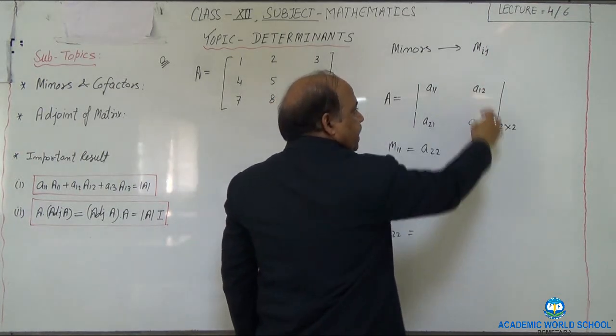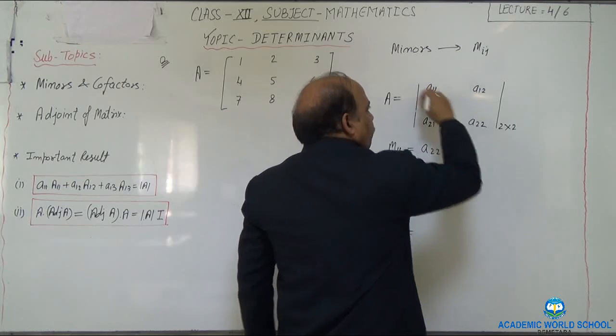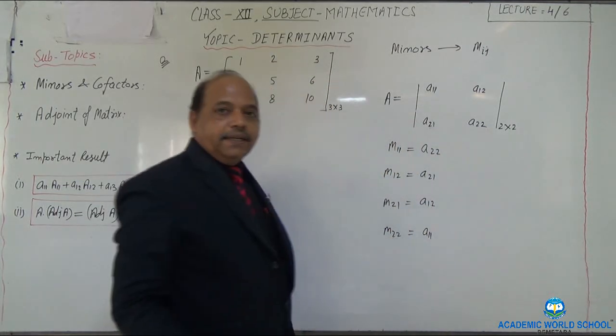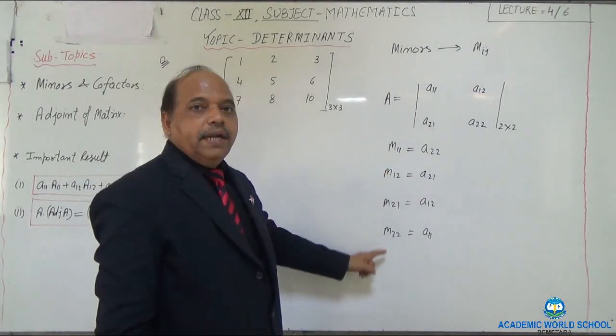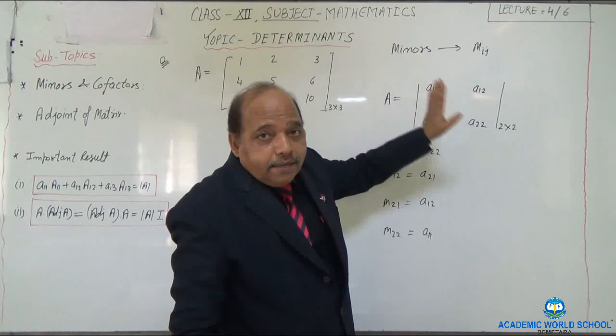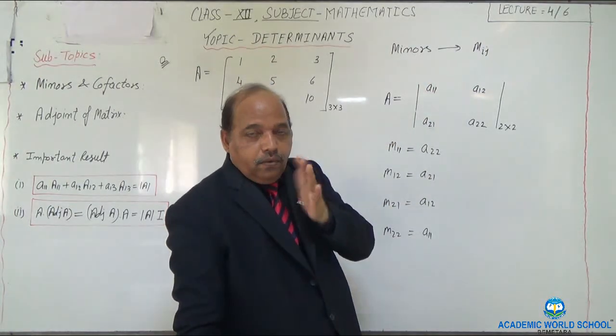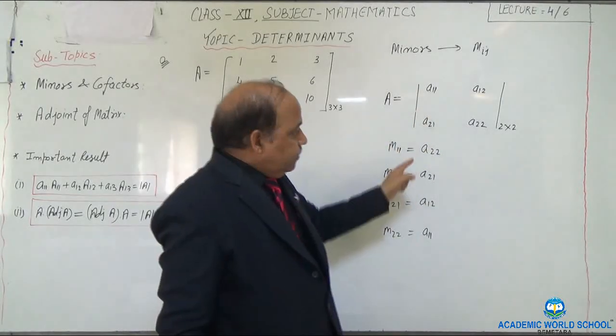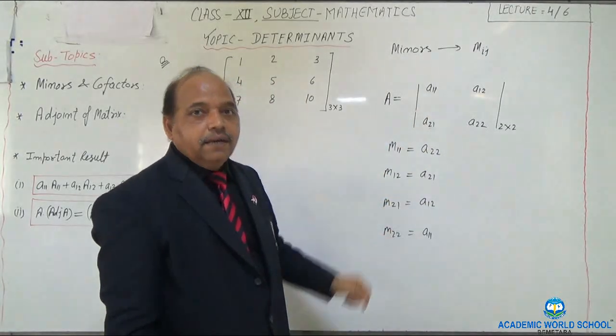M22 is this one, leave this part, whatever is left out, that is A11, the minor of this. So we have calculated minors of the given determinant. This is the way we calculate the minor.